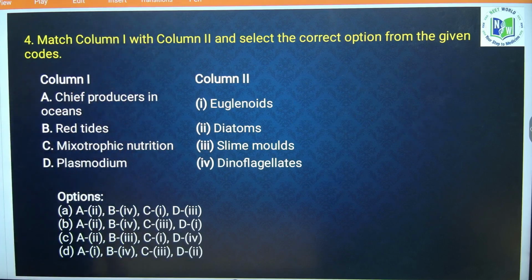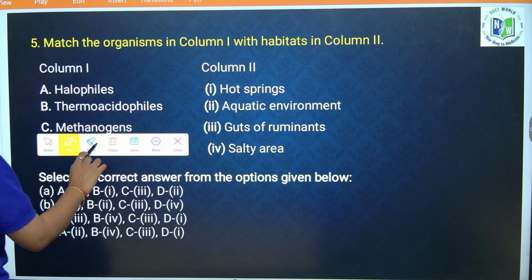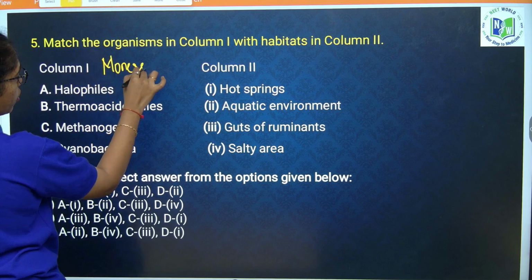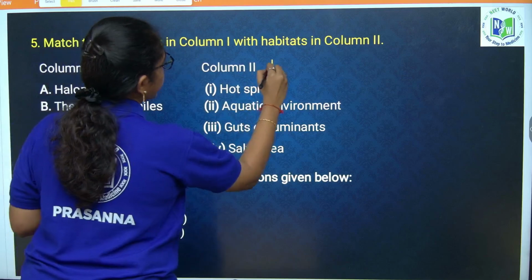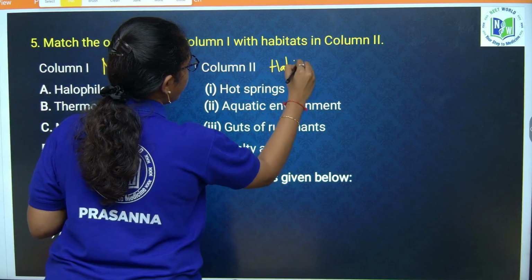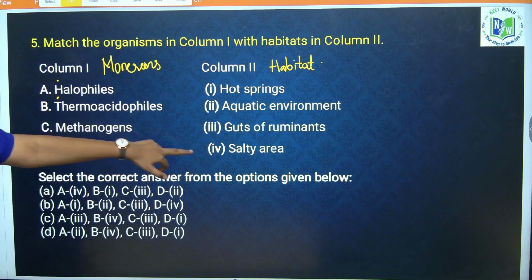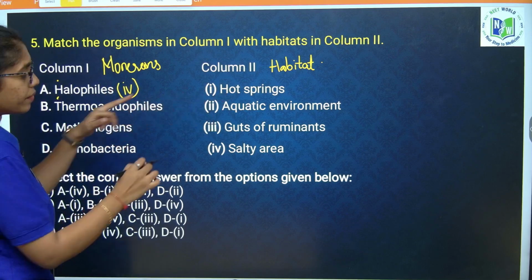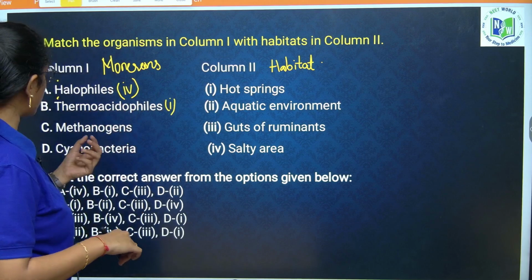Next question. Again, column 1 and column 2, where archaebacterial types and eubacteria are given, which is nothing but monerans. Here we need to identify their habitat. Halophiles live in salty areas, option 4. Thermoacidophiles live in hot springs and can also survive in low pH.